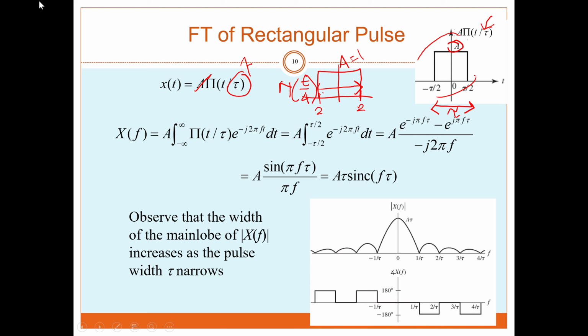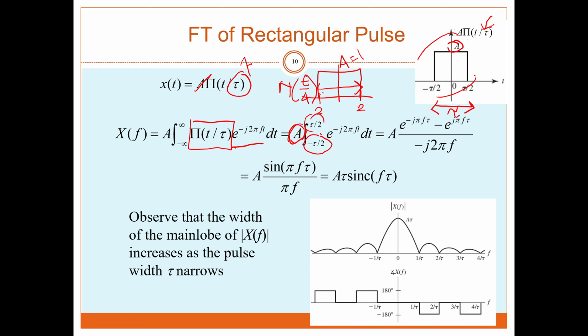Alright, so now we want to know what is the Fourier transform of a rectangular. So we will use the formula, the function, multiplied by the equation. Now we have the function is actually A, or we can put it outside as a coefficient. It can be 5 or 1 or anything, multiplied by e to the minus j 2 pi ft. Okay, so we integrate this over the range minus tau over 2 to tau over 2.